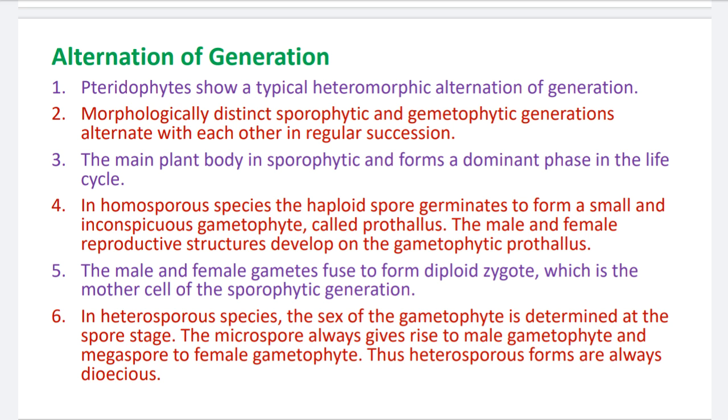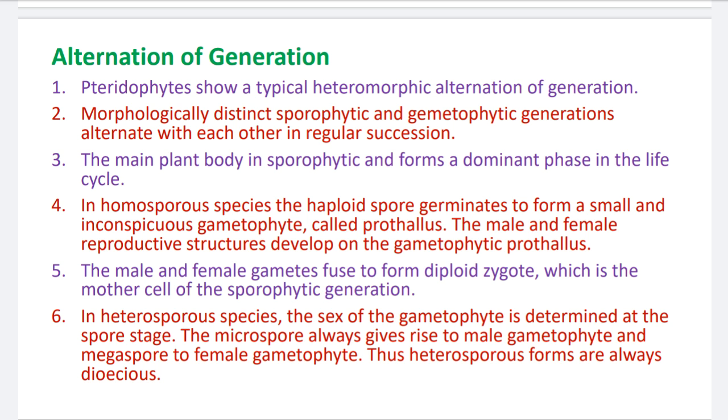For example, Nephrolepis fern, for example Adiantum fern. These are the most common pteridophytes occurring in the public garden, and that plant body is the sporophytic plant body, which is the main, dominant, clearly observed plant body in the pteridophytes.